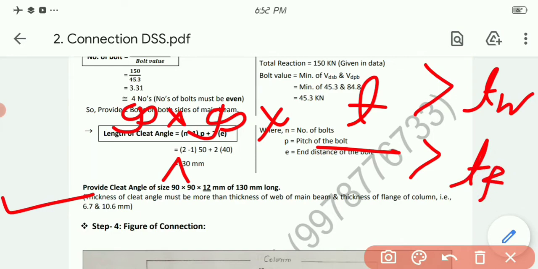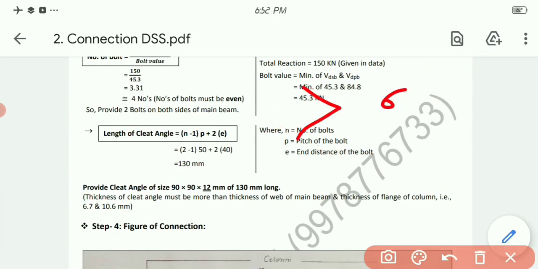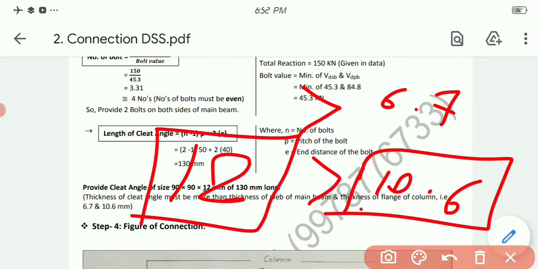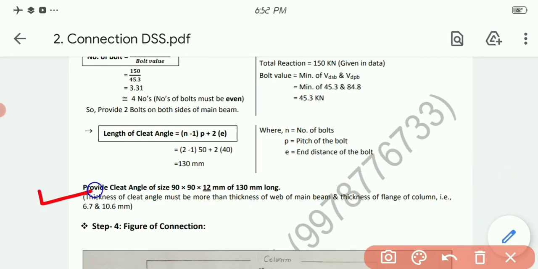The thickness of web is I think 6.7, and thickness of flange of column was 10.6. So we need to provide a value greater than 6.7 and 10.6. So I will provide 12 mm. You can see over here, cleat angle size 90 by 90 by 12 mm and 130 mm long.